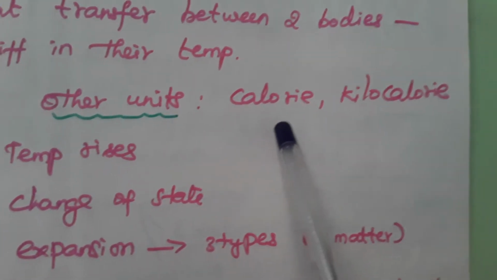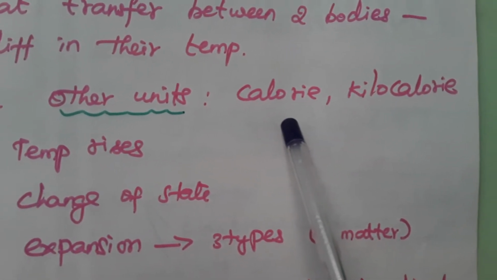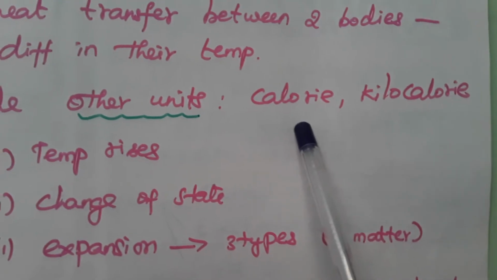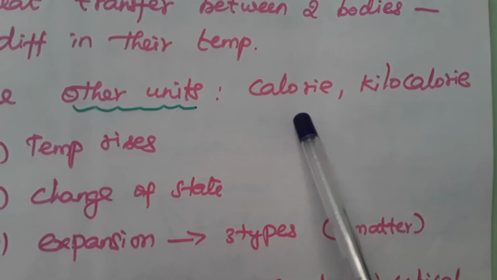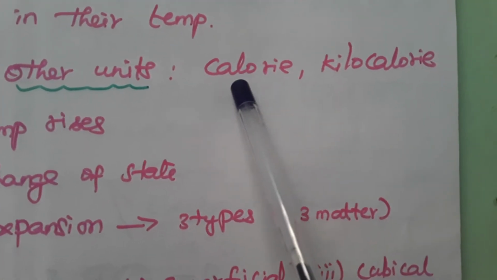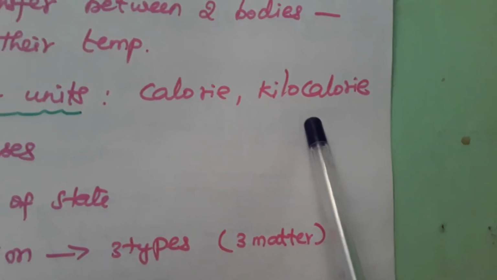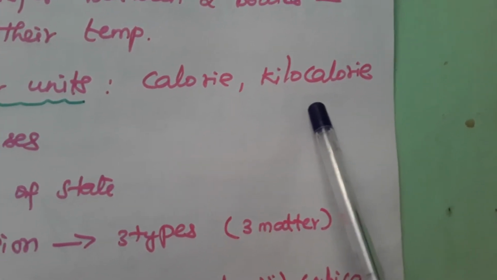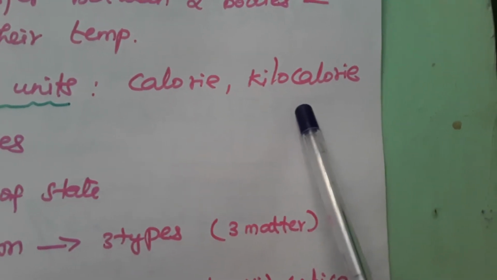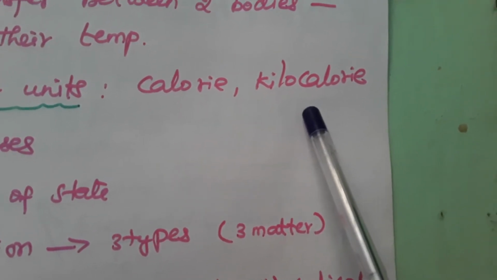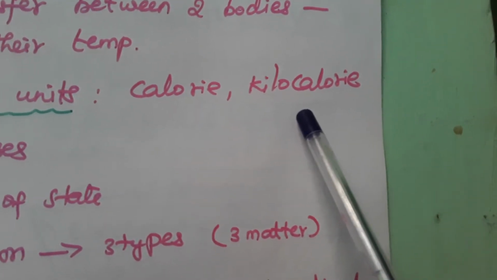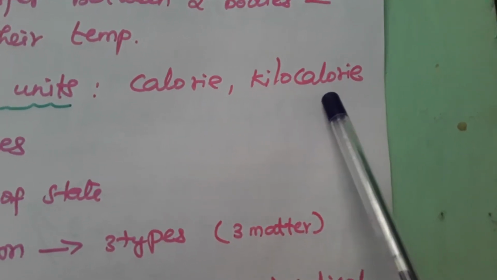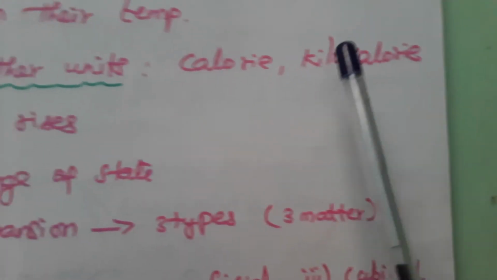It is defined as the amount of heat energy required to raise the temperature of 1 gram of water through 1 degree Celsius. Define kilocalorie. What is kilocalorie? It is defined as the amount of heat energy required to raise the temperature of 1 kilogram of water through 1 degree Celsius.